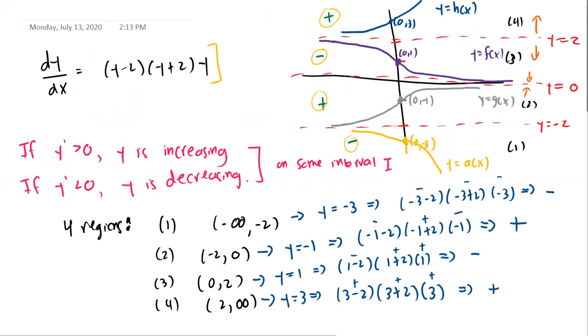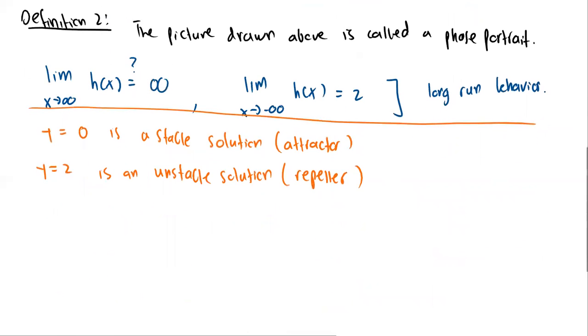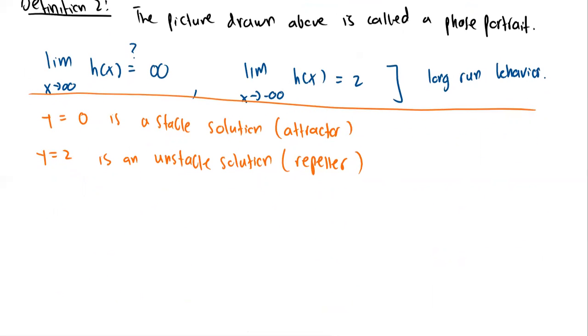Finally, in the case that an equilibrium solution both attracts and repels, which I don't have in this example, such a solution will be called semi-stable.